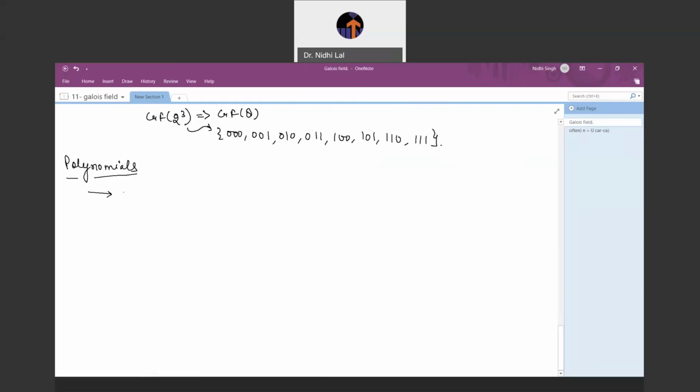So in the basic one, you already know about the polynomials. A coefficient value is associated with some term.